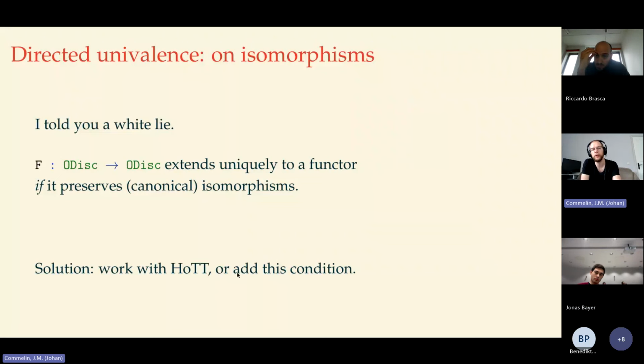In our formalization, we didn't add the univalence axiom because that would be an insane amount of work in Lean. But we just added this functoriality in isomorphisms as a separate condition to the theorem. Okay, so that's what I wanted to say about directed univalence.